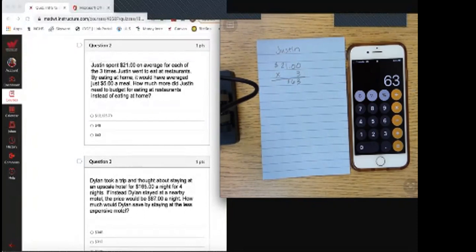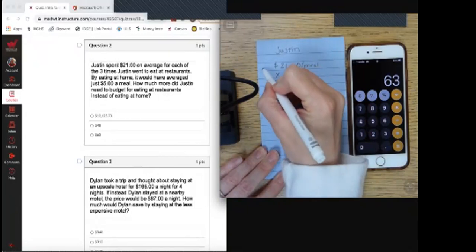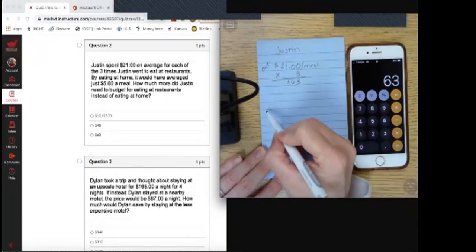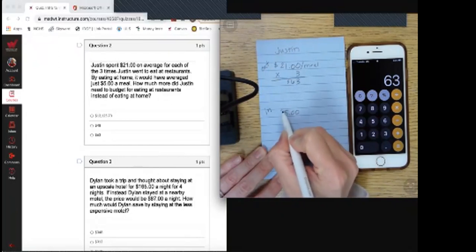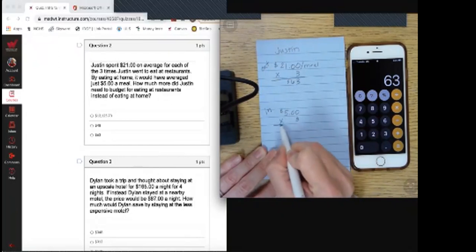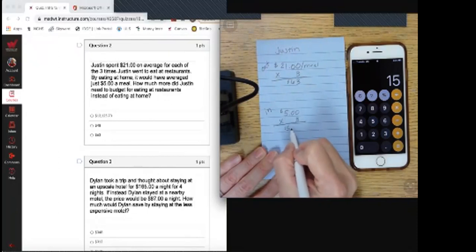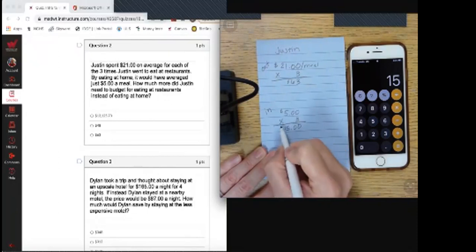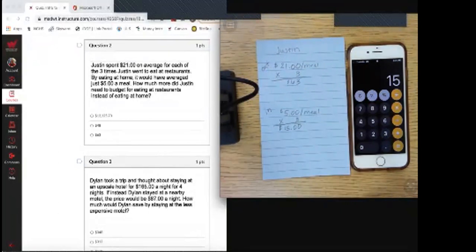So if he was eating at home, he would average $5 a meal. So this is going out to eat, and this is staying in. So we take $5 times 3 equals 15. So he spent $15 eating at home.